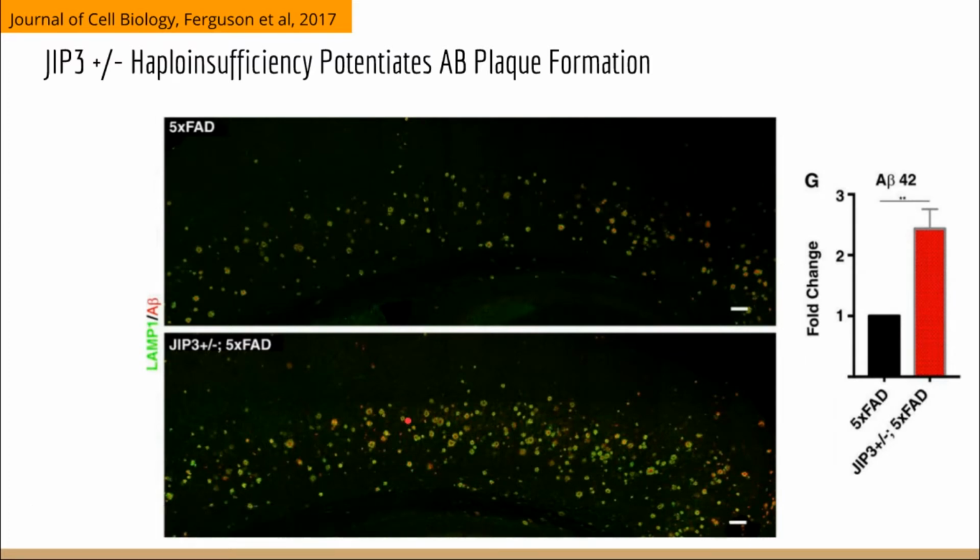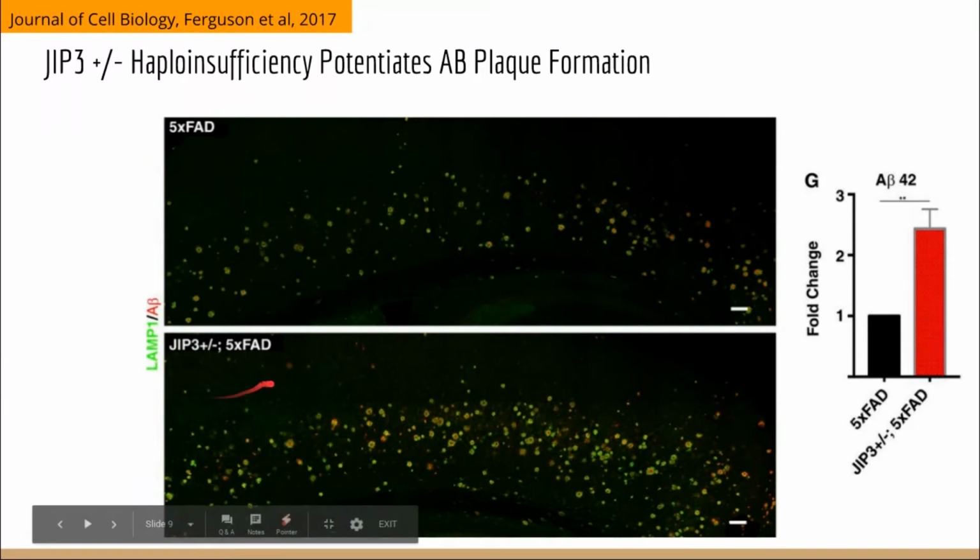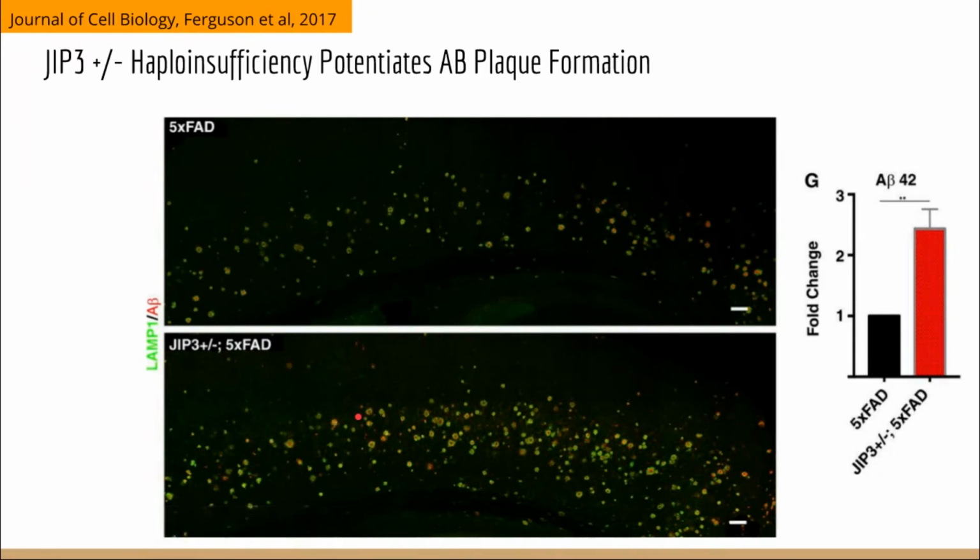They're stained for amyloid beta in red and lysosomes in green. And we're seeing the accumulation of amyloid beta in haploinsufficient JIP3 mice. So these results suggest collectively that lysosomal trafficking is a central component to the production of amyloid beta and the subsequent formation of plaques.